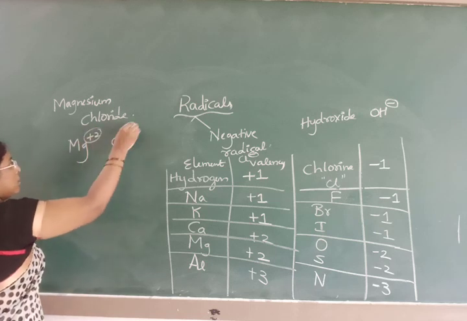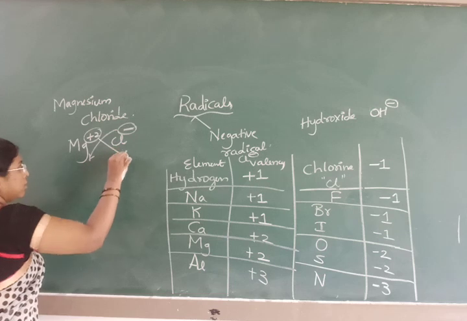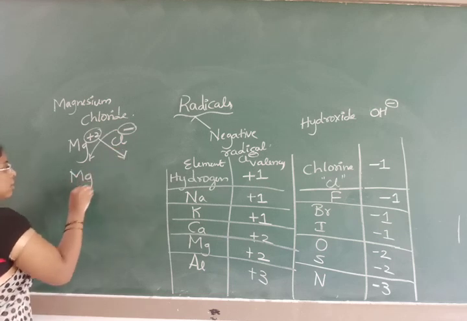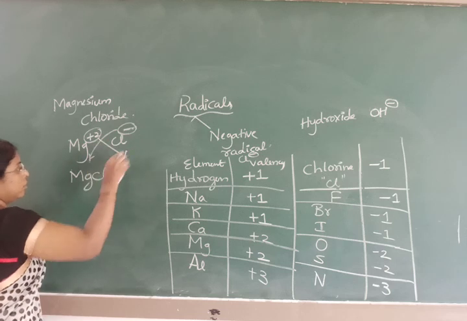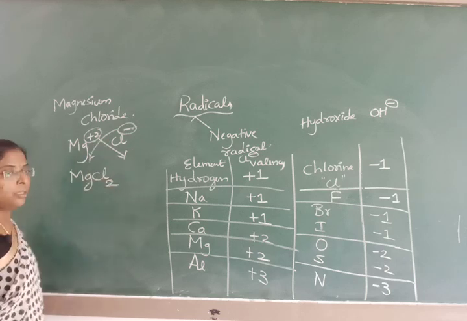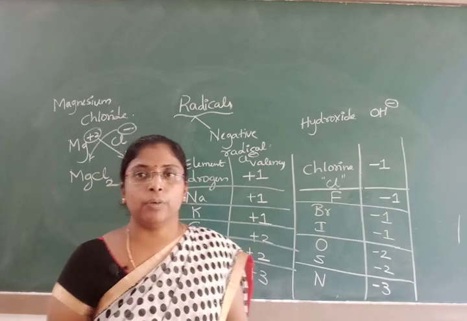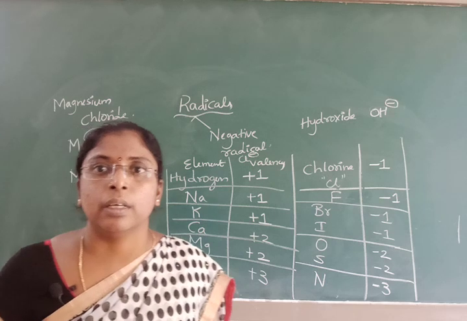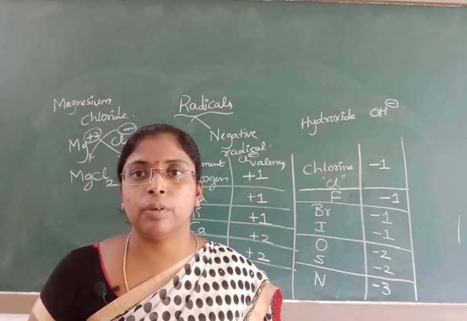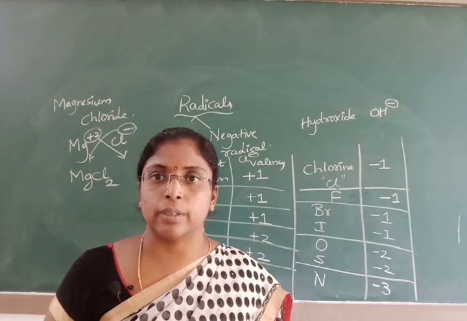Cross the valencies: for Mg it is only 1, for Cl it is 2. MgCl2 is the formula for magnesium chloride. If you know the valency, you can easily write the formulas. Regarding the other formulas, how to write them, we will discuss in our next session. Thank you.